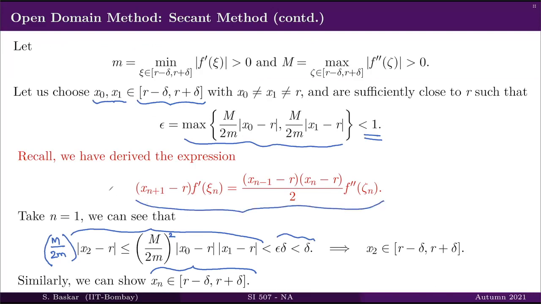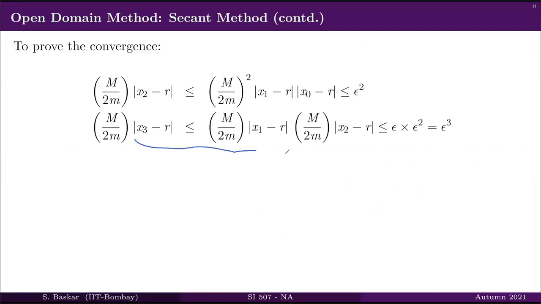Now take n is equal to 2 here, and thereby you will have |x3 minus r| less than or equal to M by 2m into |x2 minus r| into |x1 minus r|, right? So the same idea, I am taking modulus on both sides and using this notation. That gives me this expression.